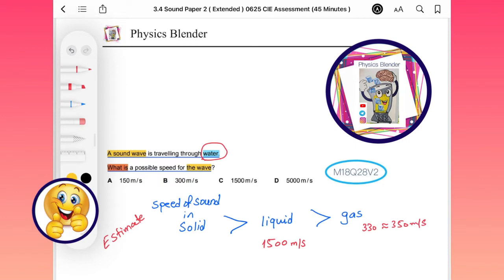In solids, it's faster. It can be 5,000 meters per second, almost 6,000 meters per second, and so on. It's not accurate, you can just estimate values, but you know the concept that sound travels faster when the molecules are closer to each other, which allows them to travel and transfer the energy faster.